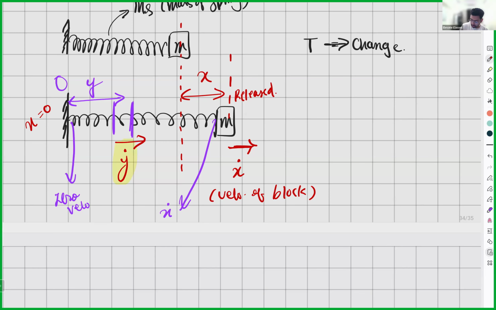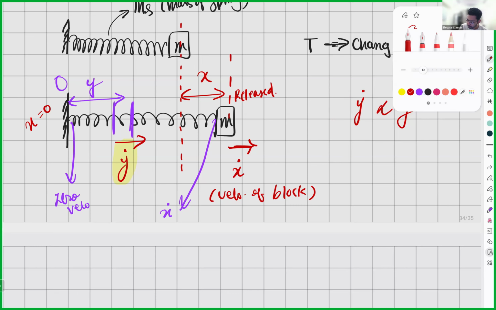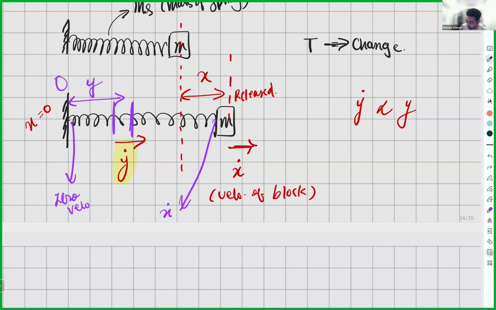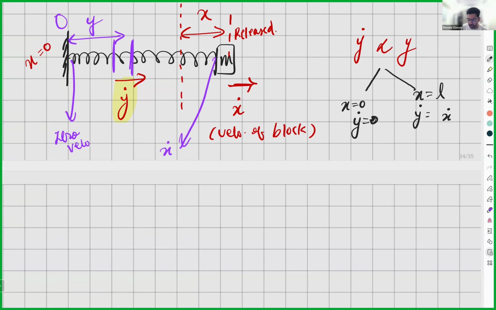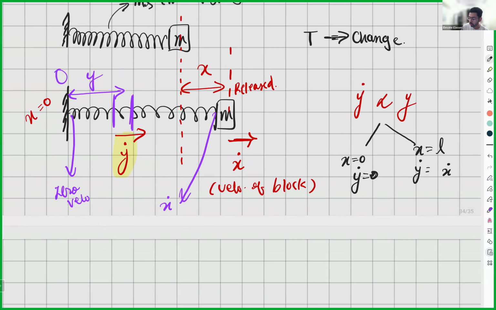If you have a linear system, then you can say that this y dot is proportional to y only. And the limits of the problem are that for y equal to 0, y dot should be 0, and for y equal to L, y dot must be x dot. So of course, multiplication by y by L will make sense for y dot.